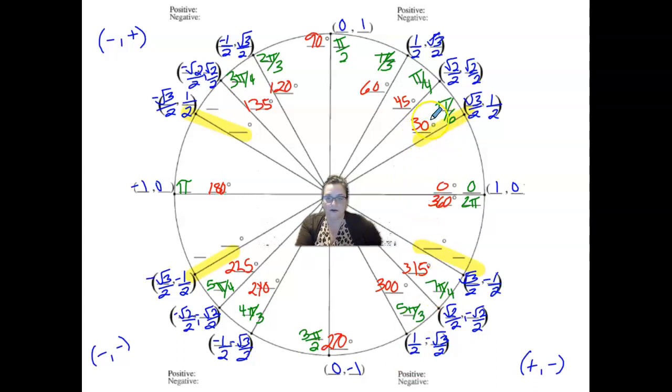Okay, filling in our radian measures as we count around the circle. This is half the circle, which is 6 pi over 6. So 1 back from that would be 5 pi over 6.